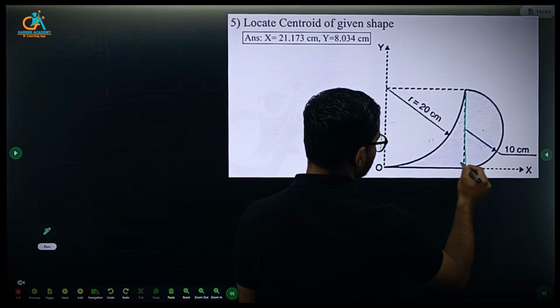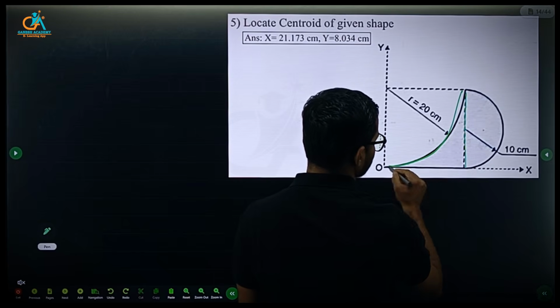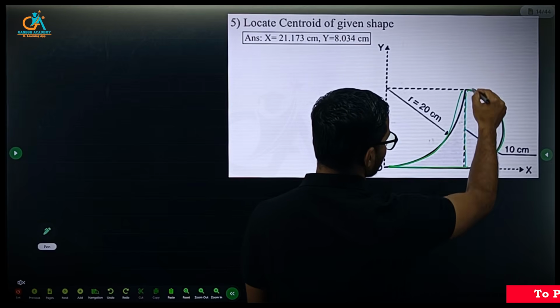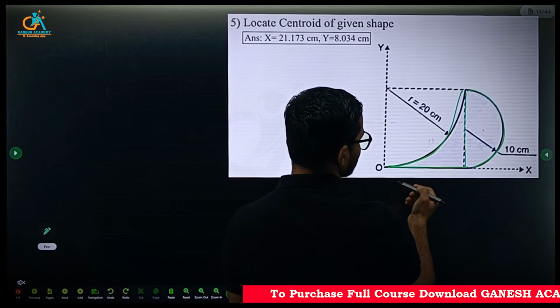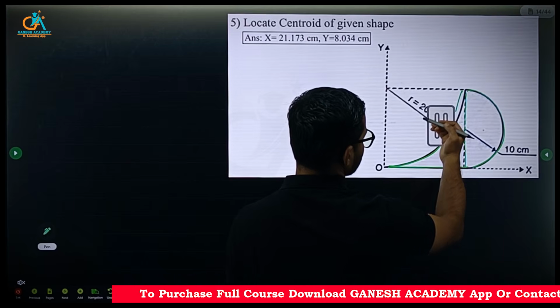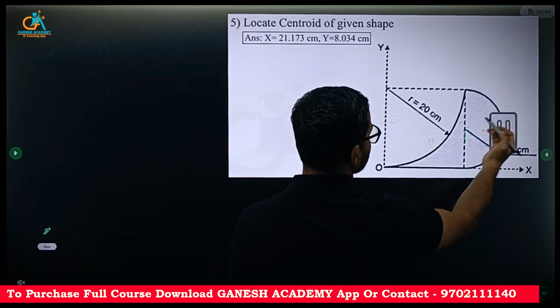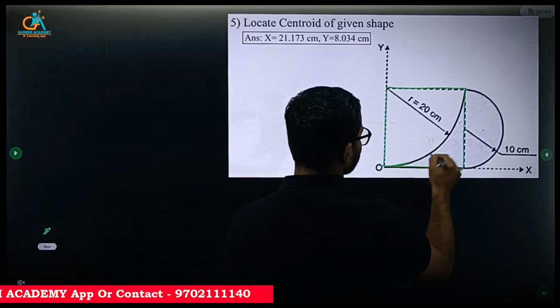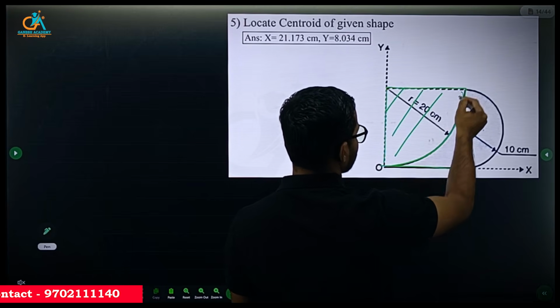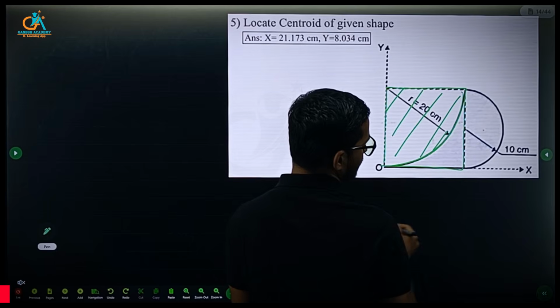We can just add these two shapes, right? This one is a semicircle, which is standard, but this is not a standard case. So what we can do is consider this rectangle and subtract this shape, which is a quarter circle.